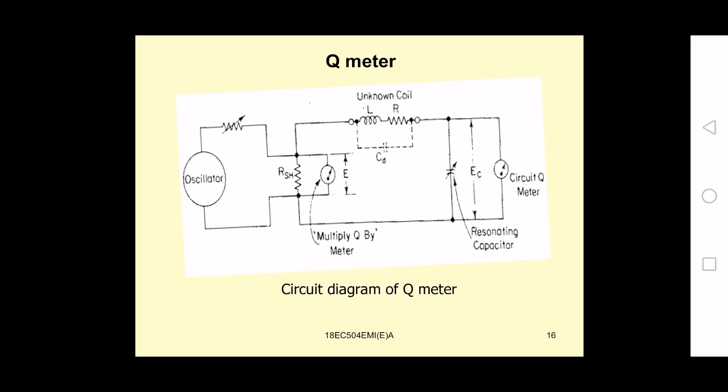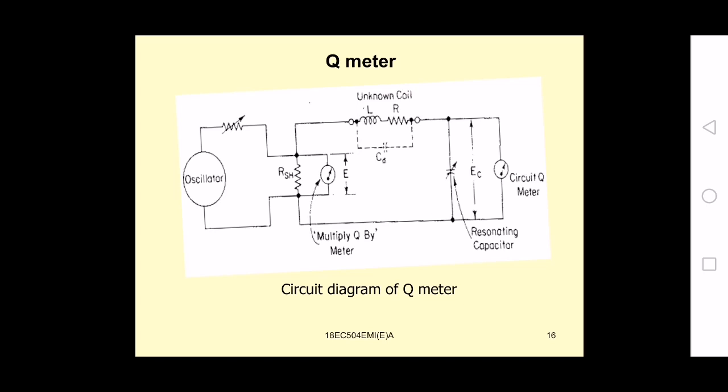And the voltage across this low shunt resistance RSH is measured by the thermocouple meter, and it is marked as multiply Q by meter.